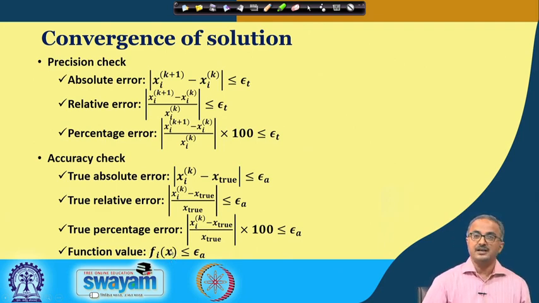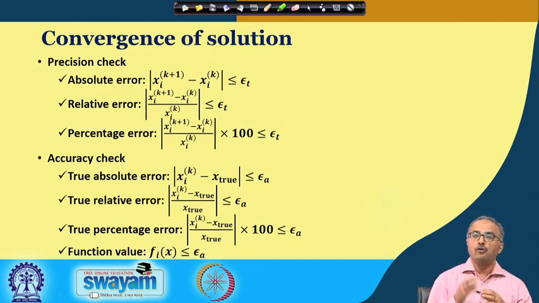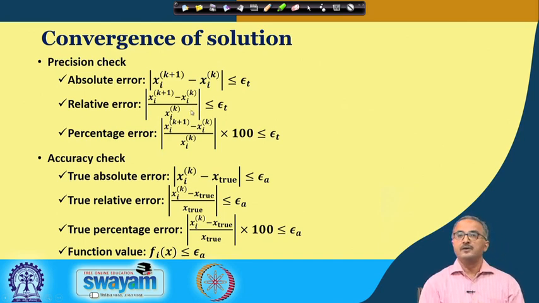So, for accuracy, we can also put a convergence criterion for the function. Okay? So, each time we find some new value, we put the value in the function and check the function value, which ideally should be 0, and how near to 0 we are approaching. So, that is the way we put this accuracy check. So, these are the general methods of locating the convergence of a given solution technique.